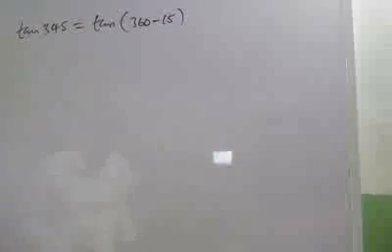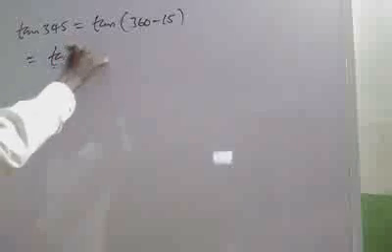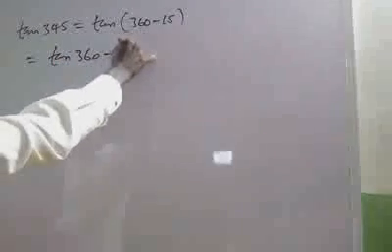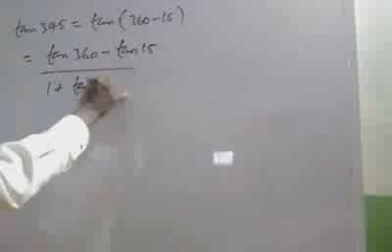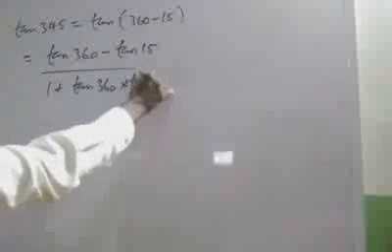So this will be equal to tan 360 minus tan 15 over 1 plus tan 360 times tan 15.